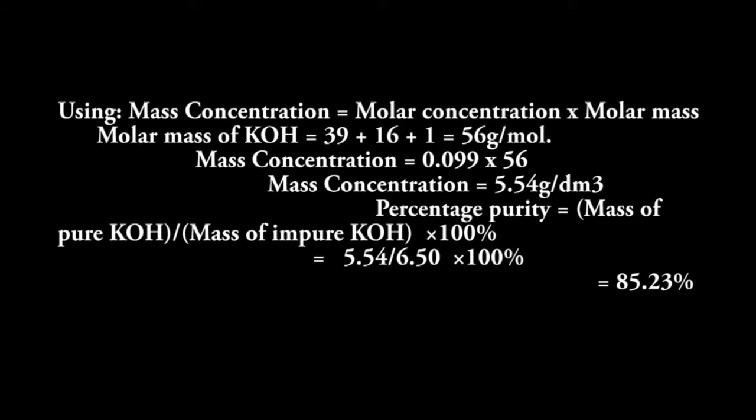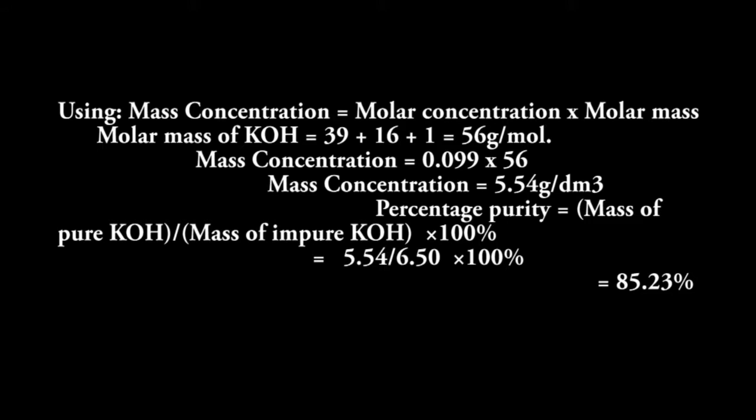We first of all find the molar mass of potassium hydroxide, and here the molar mass of potassium hydroxide is 56 gram per mole. Therefore, substituting our value here, we obtain the mass concentration to be 5.5 gram per dm³.